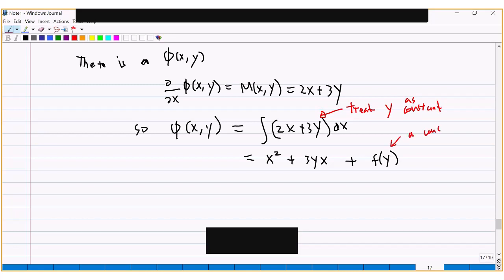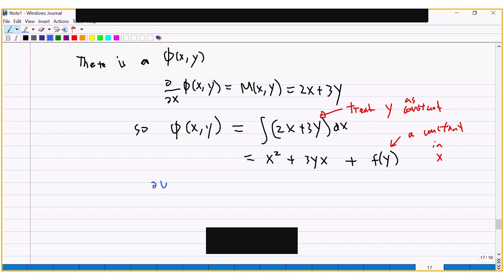This is also a constant in x, because when you integrate, you add a constant. This constant is a function of y now, because when you differentiate the whole thing with respect to x, you get back 2x plus 3y. Let's check one more time.